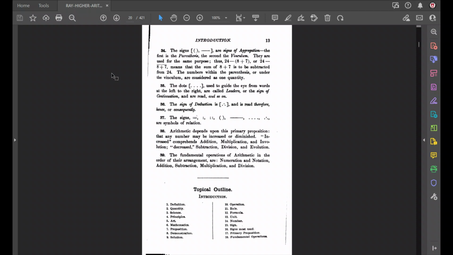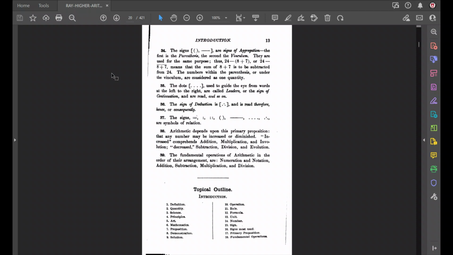Article 36, the sign of deduction. What in the world? The sign of deduction. These 3 dots that look like a triangle of dots are called the sign of deduction. They mark that a conclusion is being drawn from what has been said before.